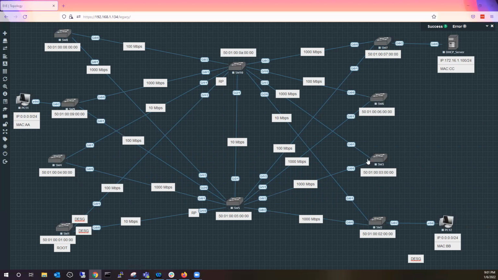Altogether, that's 200, compared to the link going from switch 1 to switch 10, which is 100, that's 19. And then you add the link coming from switch 10 to switch 5, which is 10, so 119. 200 is higher than 119.